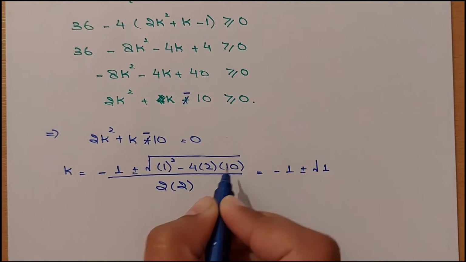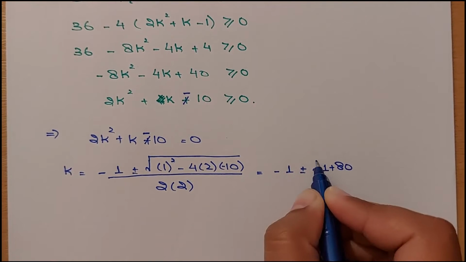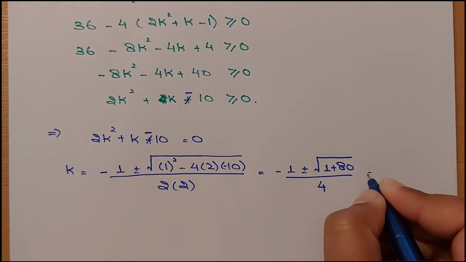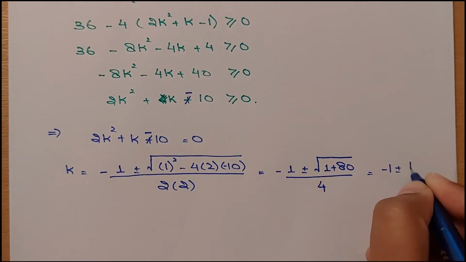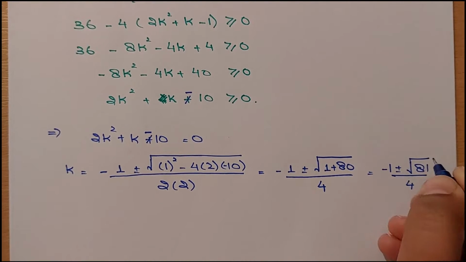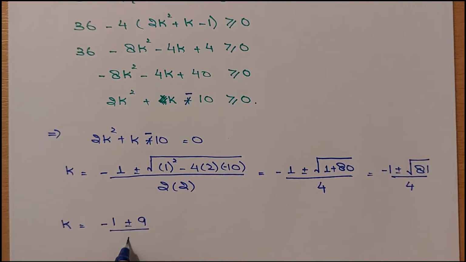So this is minus 10 and minus 10. This is positive 80. Divided by 4. So this is equal to minus 1 plus or minus square root of 81 divided by 4, and square root of 81 is 9, right? So the k value we can say is minus 1 plus or minus 9 divided by 4.